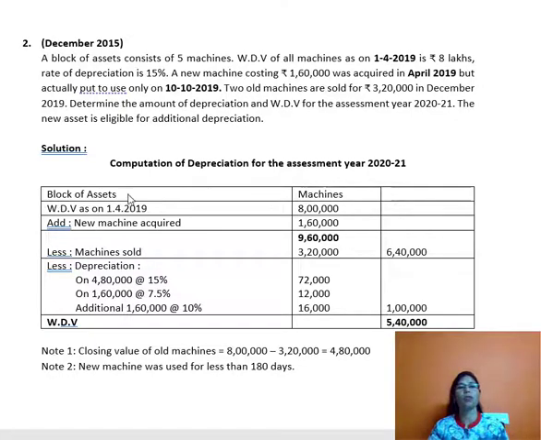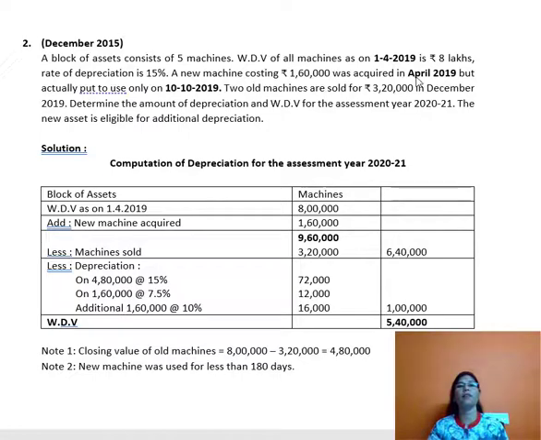So block of assets, that is machines, written down value as on 1st April 2019 is 8 lakh. Now the rate of depreciation is given, it is 15%. A new machine costing 1,60,000 was acquired in April 2019. So add new machine acquired 1,60,000. So the total is 9,60,000.